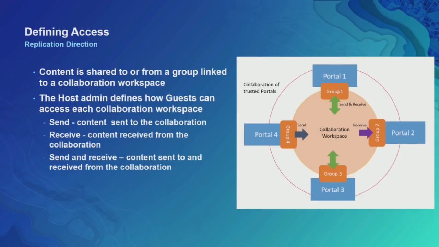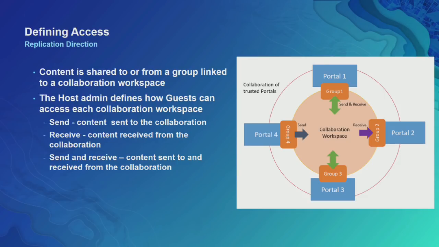Okay? When you set up a workspace and assign a group to it, you also have to define the direction in which items will be replicated. Okay? So there's three things that you can choose from. You can decide that information will be sent in one direction, for example, from the host to the guest.